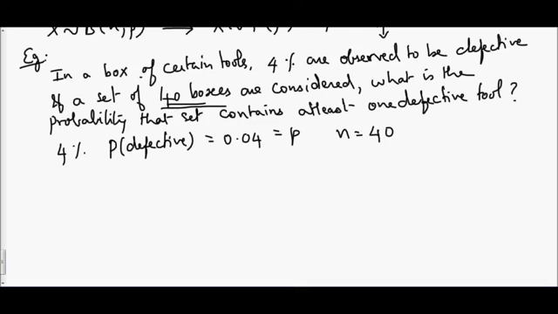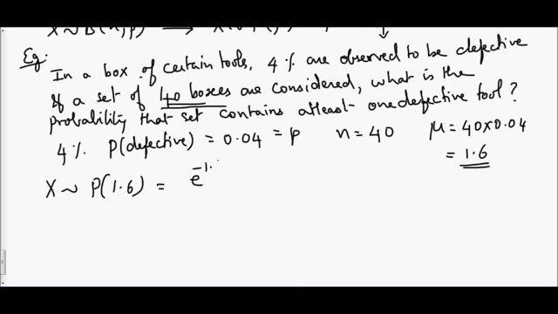Therefore, you can use Poisson distribution here, where mu is equal to 40 times 0.04, which is 1.6. So using 1.6 as your mu, you can do this as Poisson distribution: e to the power of minus 1.6, 1.6 to the power of x divided by x factorial.